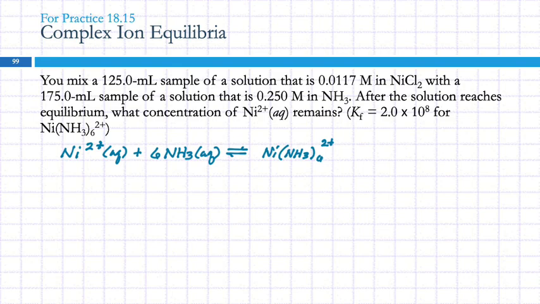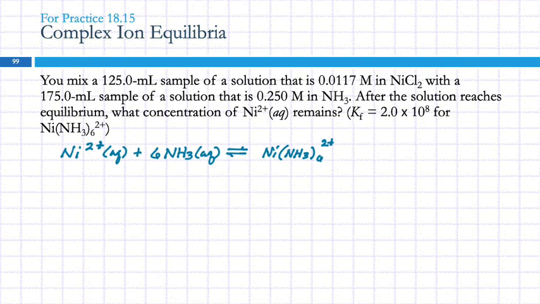So we'll start with looking at the amounts added in moles or millimoles. So we have 125 milliliters of 0.0117. So 125 times 0.0117.